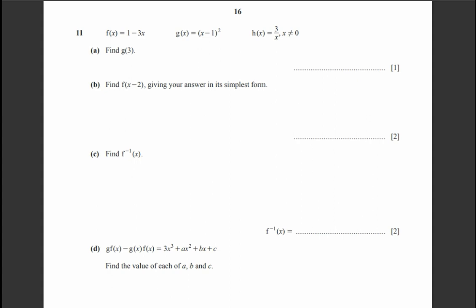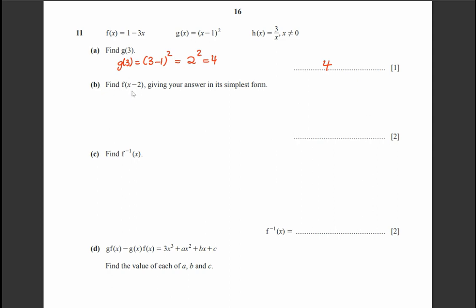So go to the function of g, remove x and put instead of it 3. So g of 3 equals, instead of this x, I'm going to write 3. So 3 minus 1 power 2 equals 2 power 2, which equals 4.